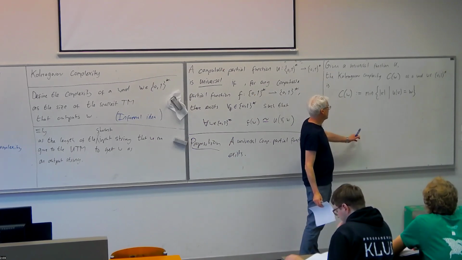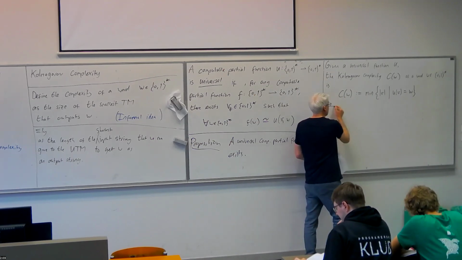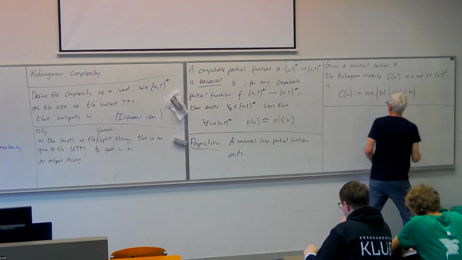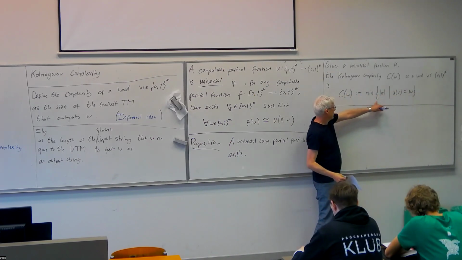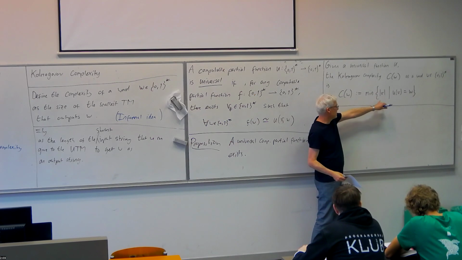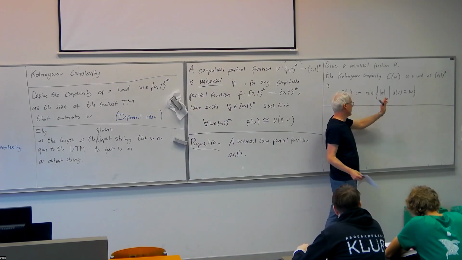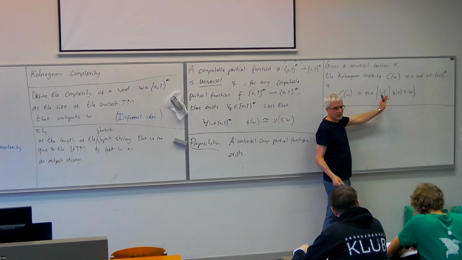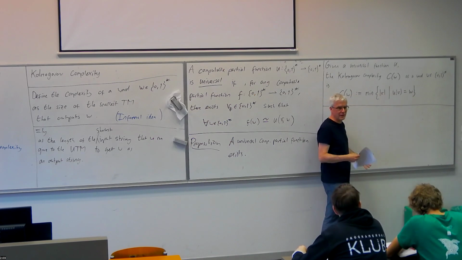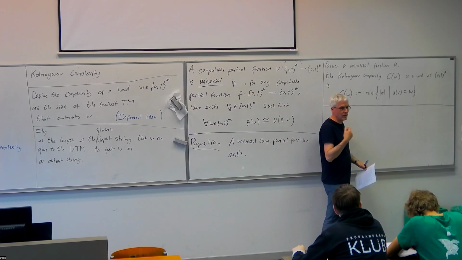Of course, for every finite word W, this is defined, because for every finite word there is some input we can give the universal machine to get that word back, namely some description, some program that computes it.